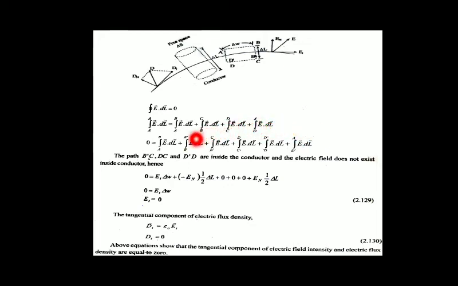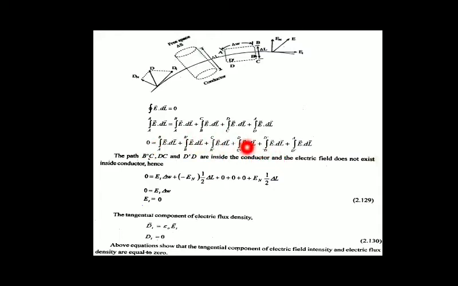The components B dash C, CD and D dash D are inside the conductor. So these integrations are inside the conductor, and an electric field does not exist inside the conductor.